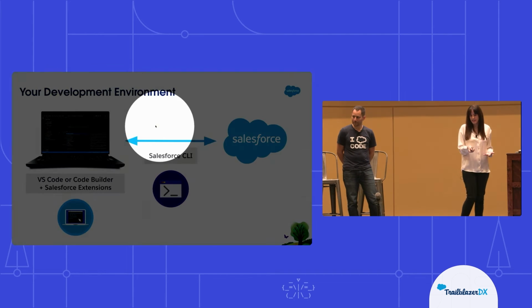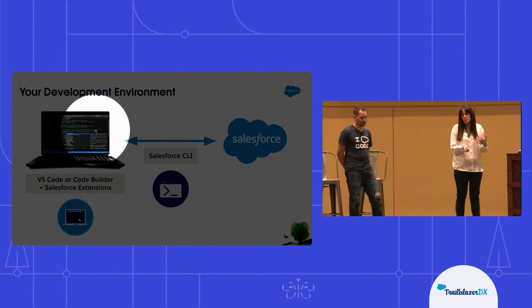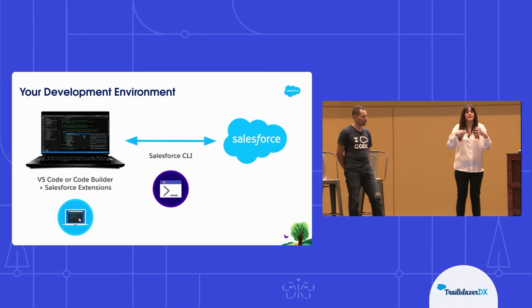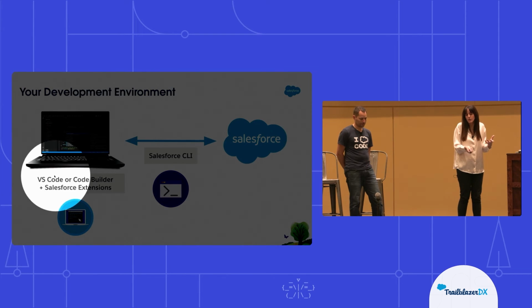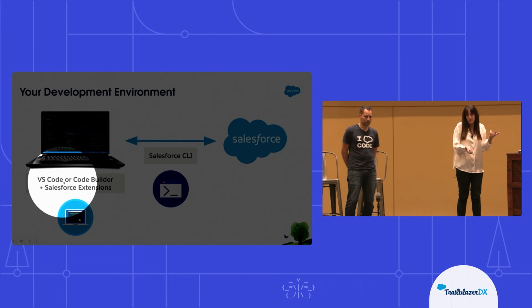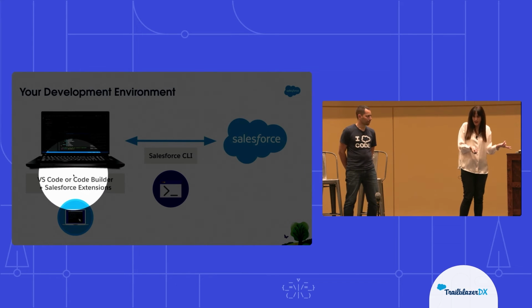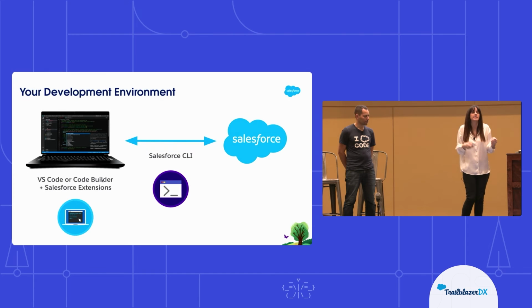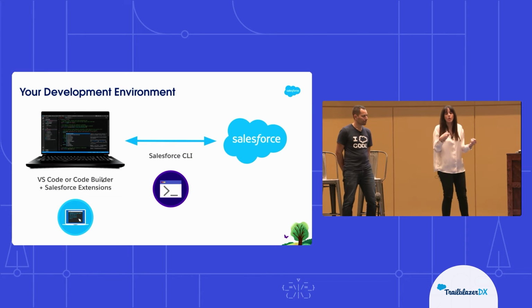And then the idea is that you work on your code in a local copy of the code that you write and that you manage through one of the Salesforce IDEs. There are two. So VS Code is the desktop IDE, and we have a web-based version which is called Code Builder.